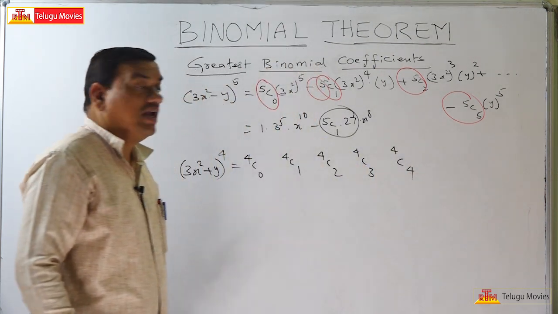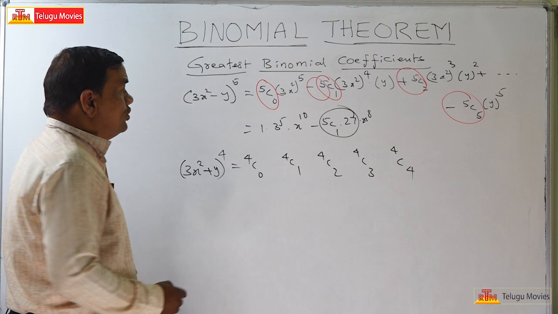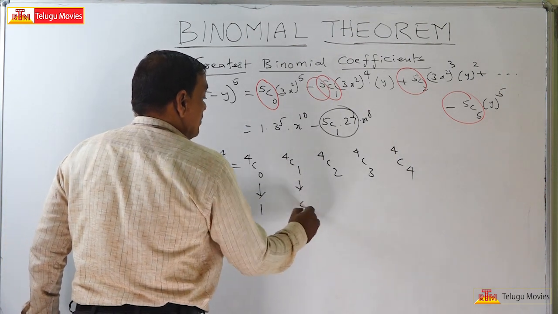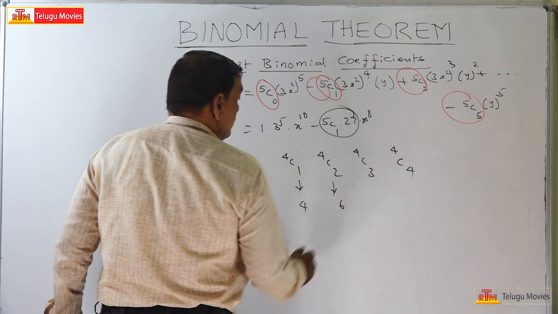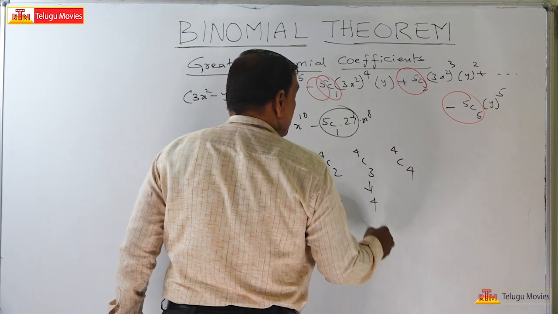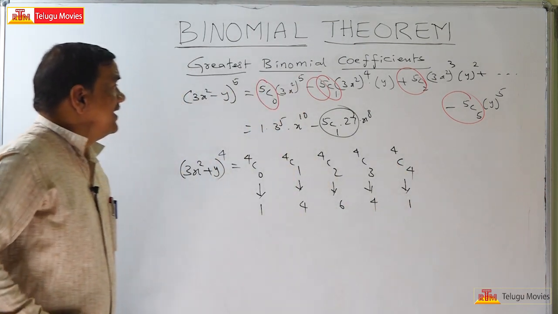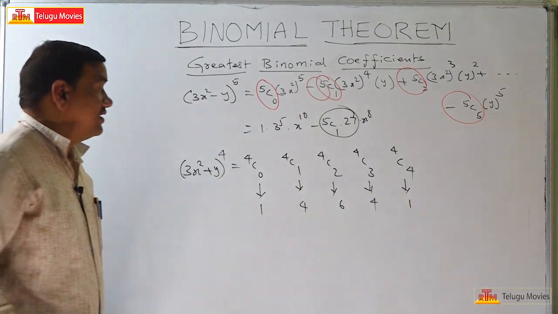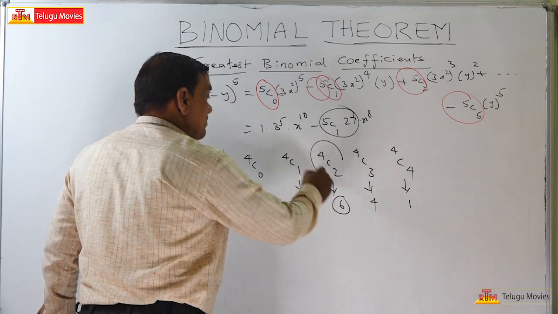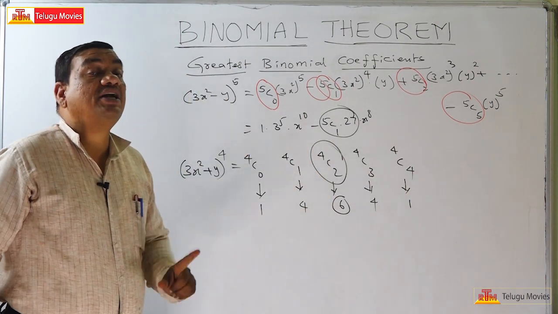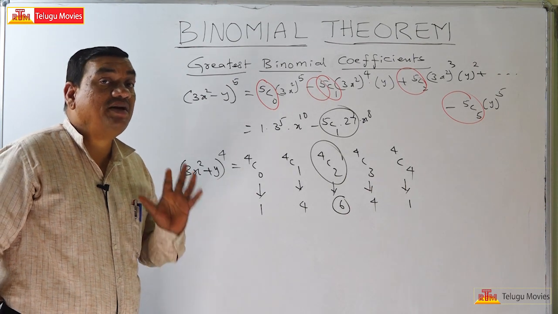You know that the 4C0 value is 1, 4C1 is 4, 4C2 is 6, 4C3 is 4, and 4C4 is 1. Which is the greatest binomial coefficient? That is 6, nothing but 4C2. If you observe here, 4C2 is the middle term.